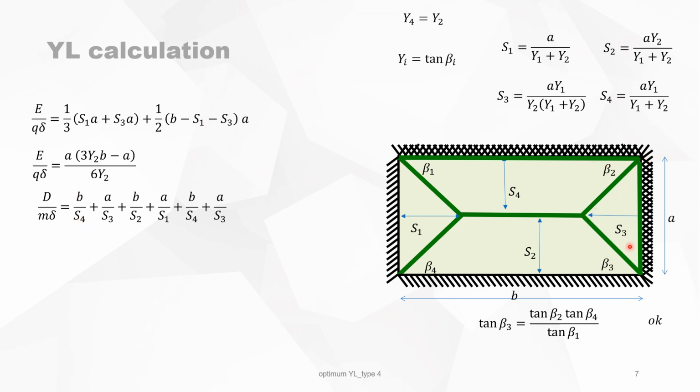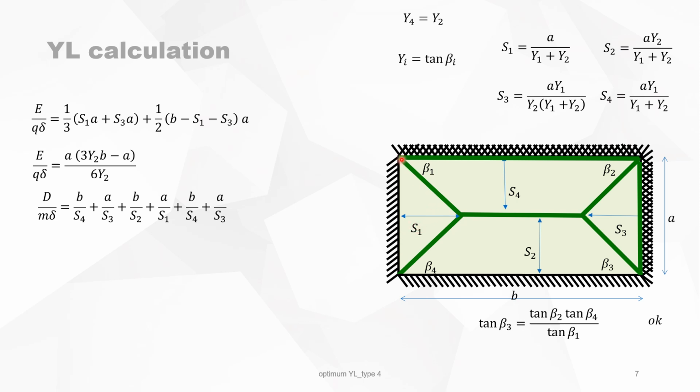On the right-hand side, we have this bending moment projected to the axis of rotation, which gives you A divided by S3. On the bottom, we got B divided by S2. And on the left-hand side, we got M divided by S1.